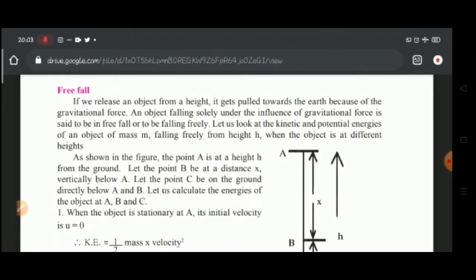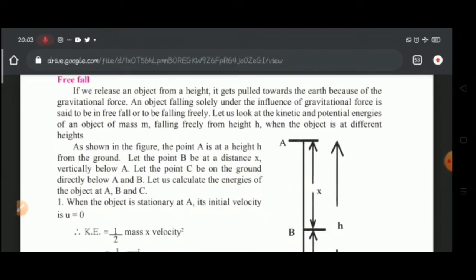We can't say it has no pressure or energy completely, but if it has no other force, only the gravitational force acting on it, and every object has gravitational force acting on it, it is in free fall.